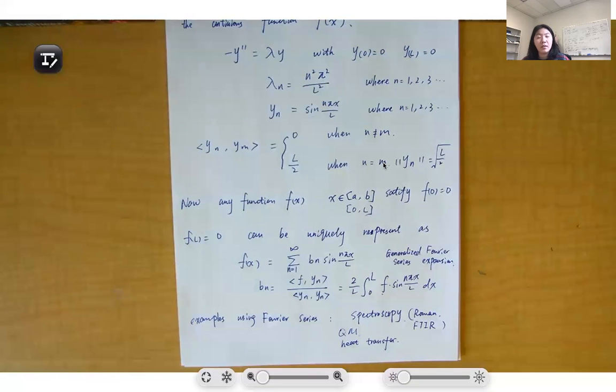So there are many engineering perspectives using Fourier series. That's why we need to understand this topic, we need to talk about this topic, and further, you probably need to analyze your topics using this Fourier series. Okay.